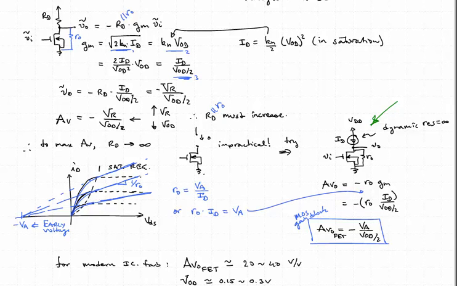And so this type of amplifier is intended to be used in a larger amplifier where there's negative feedback.